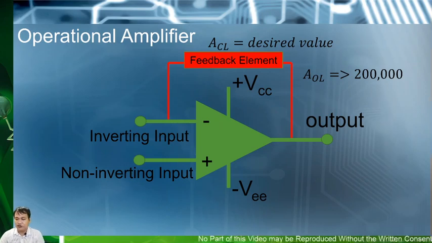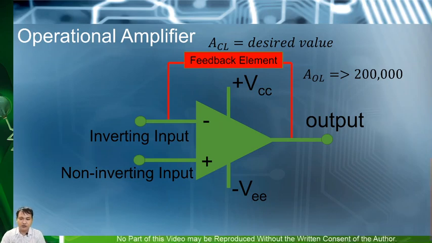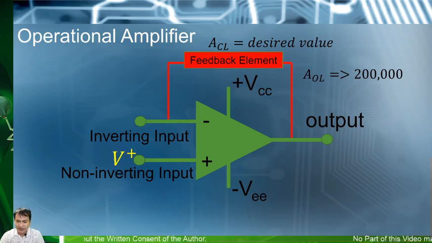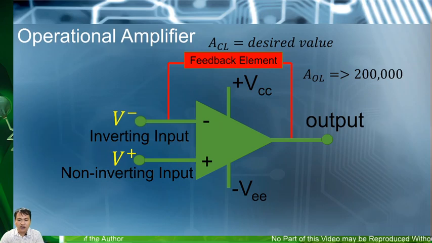The third thing about the op-amp is that it uses this kind of input here, which refers to the differential input. When we say differential, it is the difference between the two inputs. For instance, we call this terminal V plus and this terminal V minus.